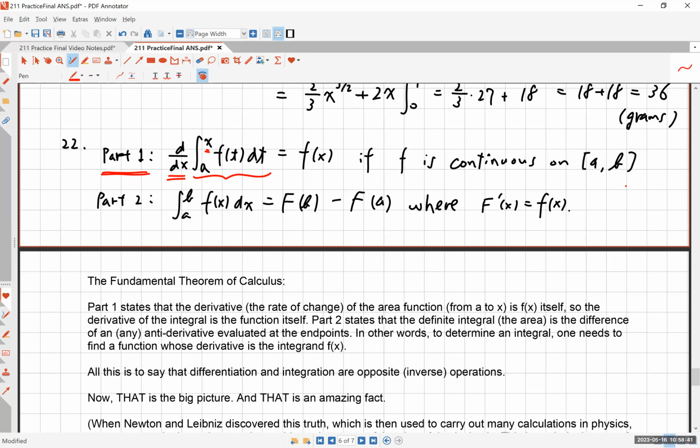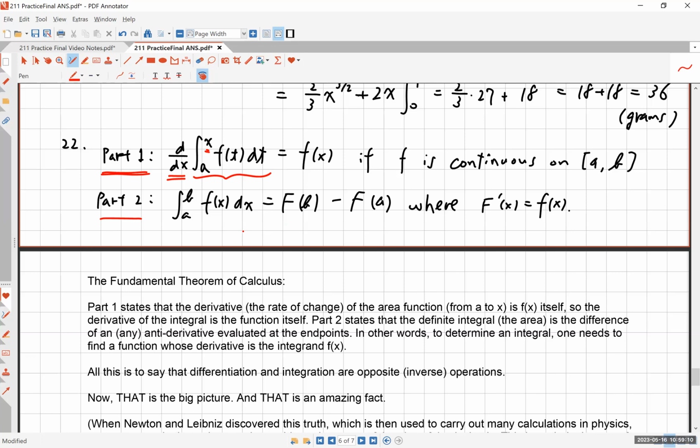So what the first one says is that if you take the integral function and differentiate it, you get the original function back, saying that the derivative of the integral is the original function, okay? The second part can be proved using the first part, and that says if you take the definite integral from a to b of the function f, you don't have to refer to the limit of the Riemann sums.